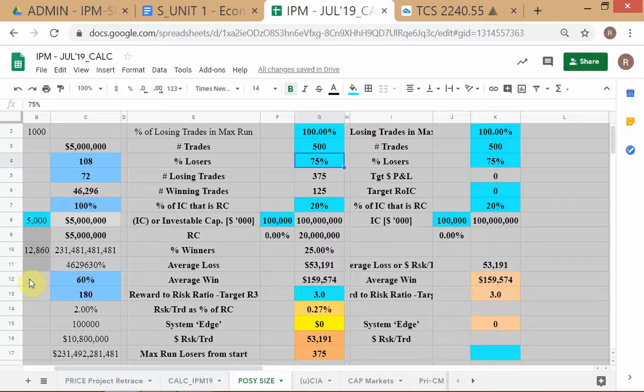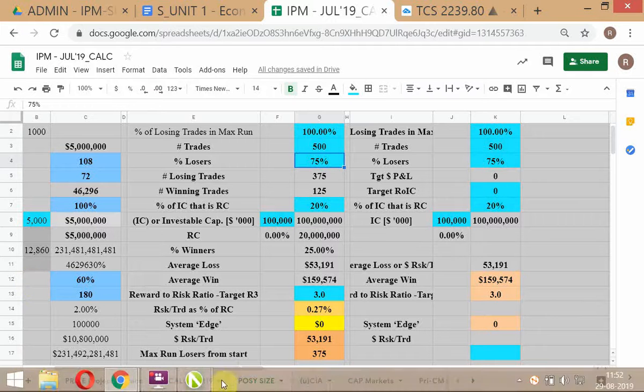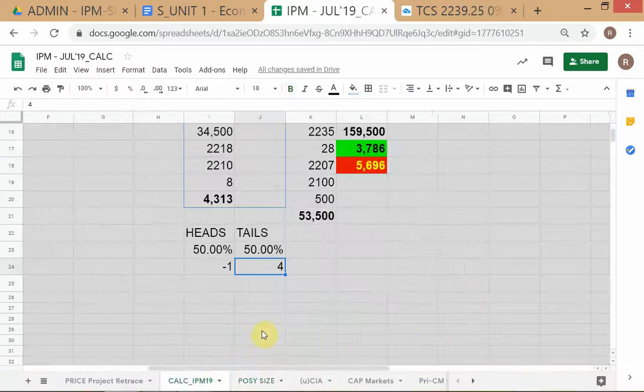Because in your heads and tails tossing game, you already told me the formula for expectation will be probability of loss times magnitude of loss, which is here. You told me that it should be probability of loss times magnitude of loss with the minus sign, and probability of win times magnitude of win.